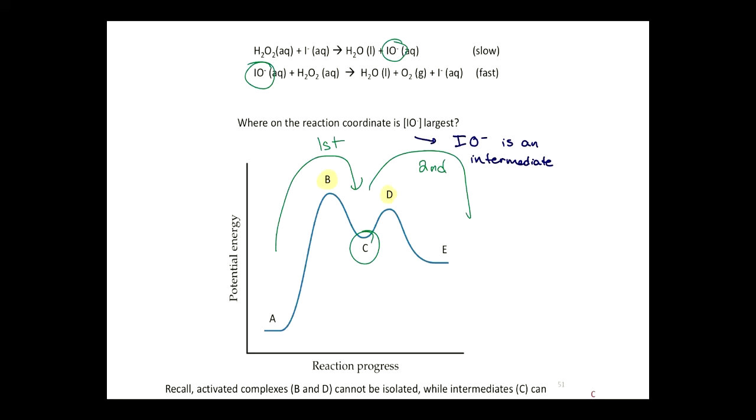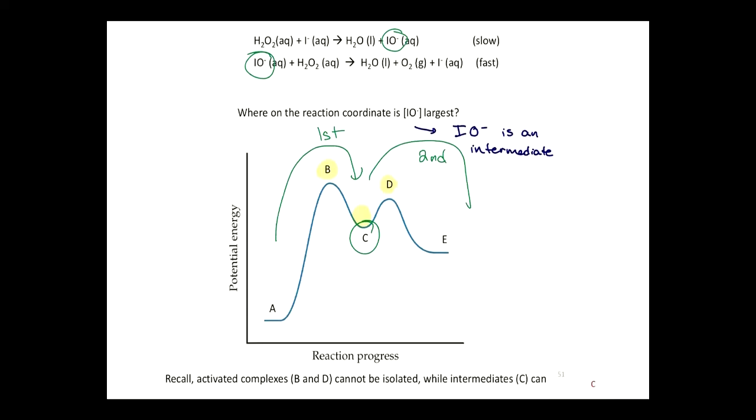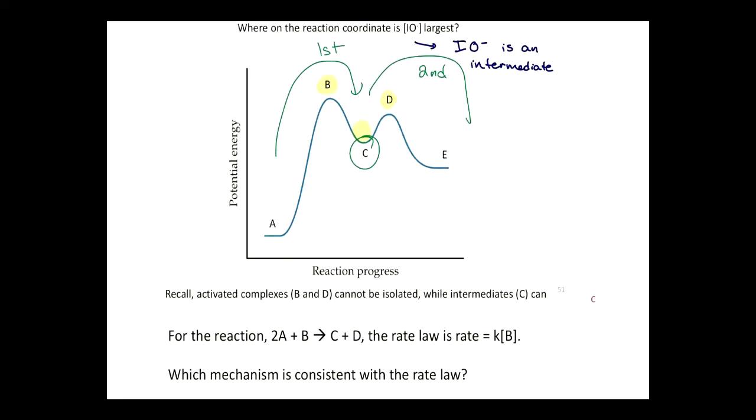Nope, but could you, in theory, isolate an intermediate? Yes, because if you put a ball there, will that ball stay there? Yes, it will. So you could, in theory, isolate an intermediate if you wanted to, because it sticks around long enough that you can grab it. Okay. Cool. Oh, yeah, it says right there. Activated complexes can't be isolated, intermediates can.